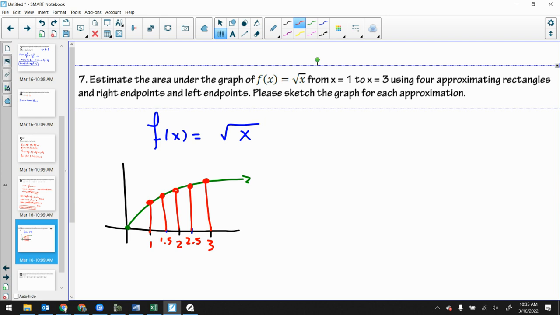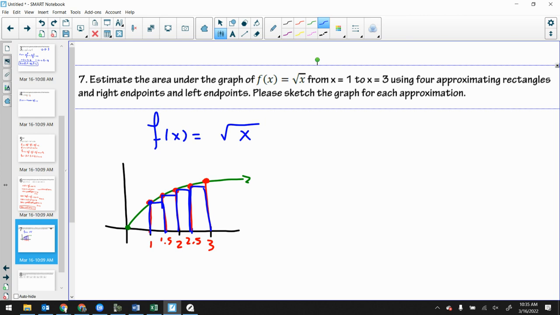Now, it depends whether I'm using left side or right side approximation. Left side approximation means that point right there is the left side of the rectangle. Here to here. Here to here. Here to here. Here to here. Okay? So those are the rectangles that I'm going to use.